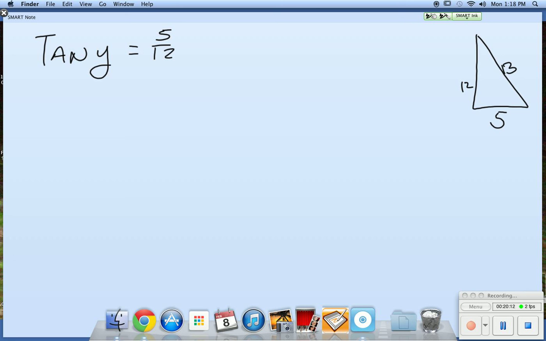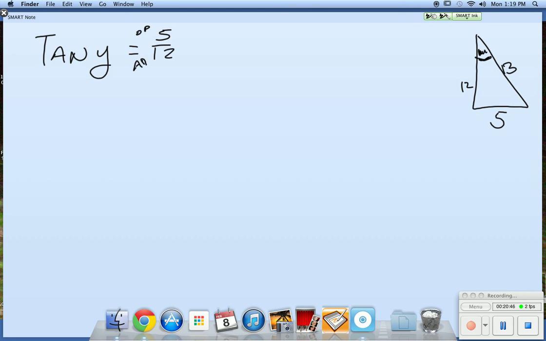Now, tangent is what? Tangent is opposite over adjacent, right? So if I'm looking at the opposite of 5, I'm looking at this angle right here. I've just determined which angle I'm looking at. That's all this tangent of y is telling me. It's setting up the triangle for me.